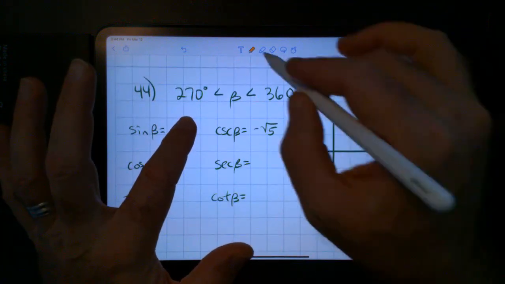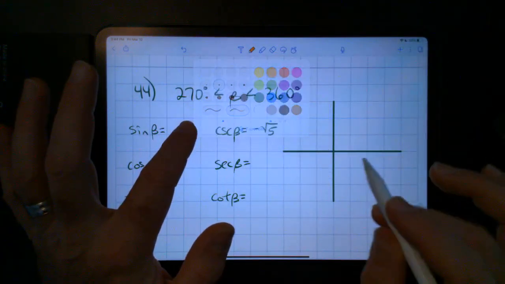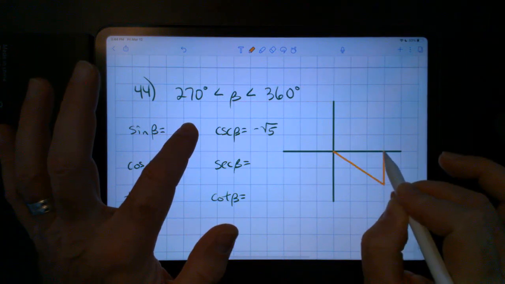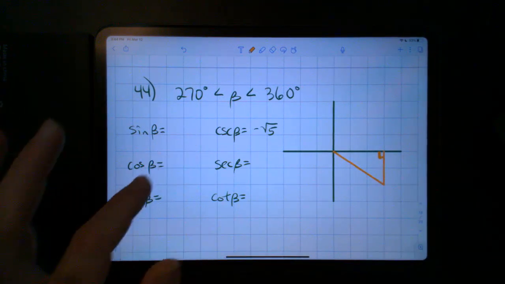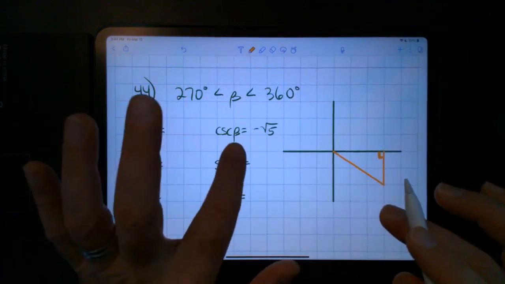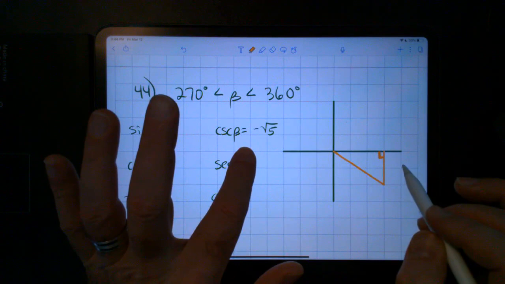Here again, we're in quadrant 4. Here we have cosecant is negative root 5.